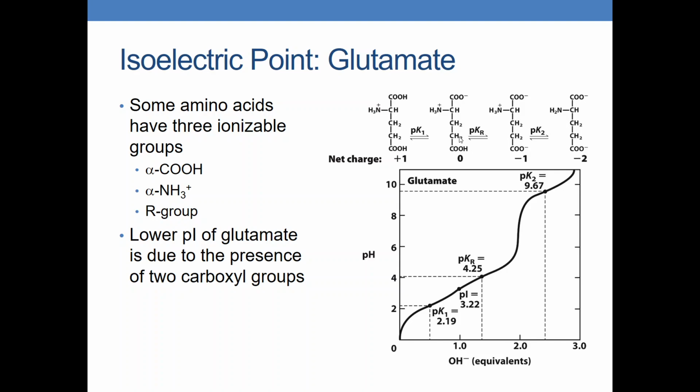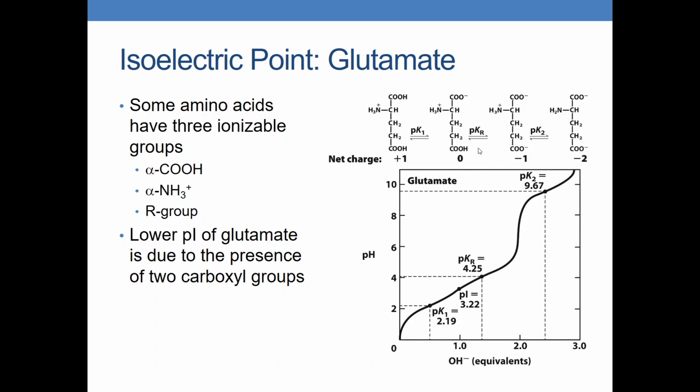Because if you remember, the average of these 2 pKa's is going to be the condition that maximizes the population of neutral molecule. Remember, when my pH equals this pKa, my charge is positive 0.5. When my pH equals this pKa, my charge is minus 0.5.